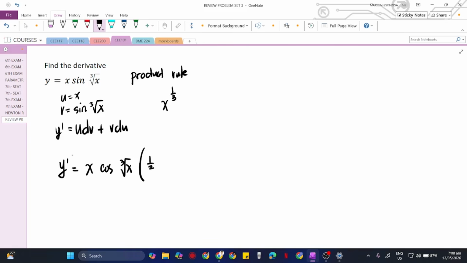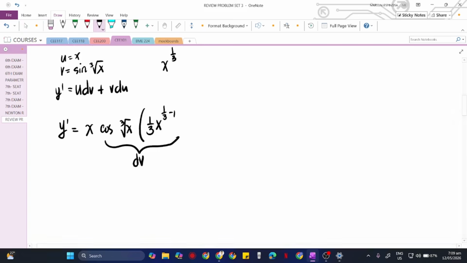So we have 1/3 x raised to 1/3 minus 1. That is our dv. We used the chain rule here. Okay, this is our dv.